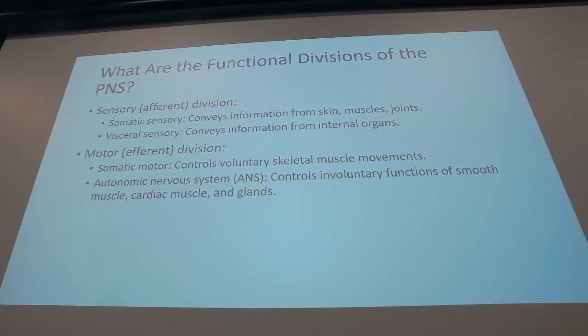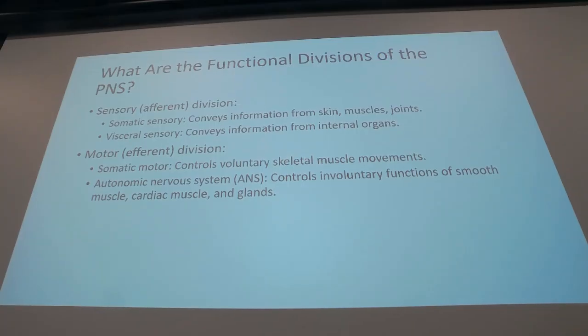Visceral sensory conveys information from internal organs. We are not necessarily aware of this information all the time, unless it's something like, for instance, when our urinary bladder becomes full. But what type of sensory information can come from internal organs into the nervous system?